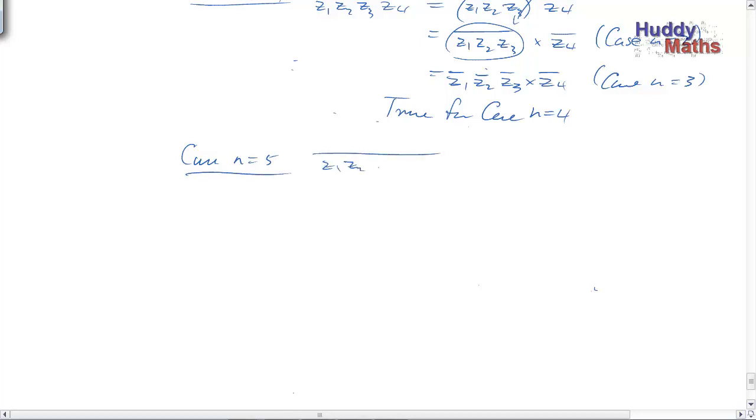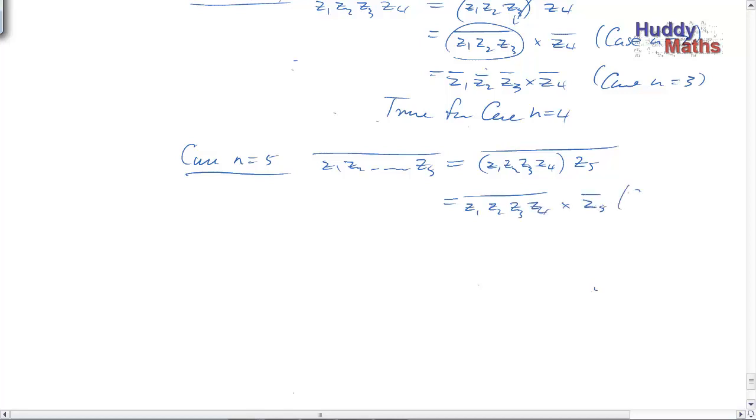Z1, Z2 up to 5. And what we're going to do is Z1, Z2, Z3, Z4 as a 2 by Z5. Same pattern again, Z1 by Z2 by Z3 by Z4. You're allowed to split those.